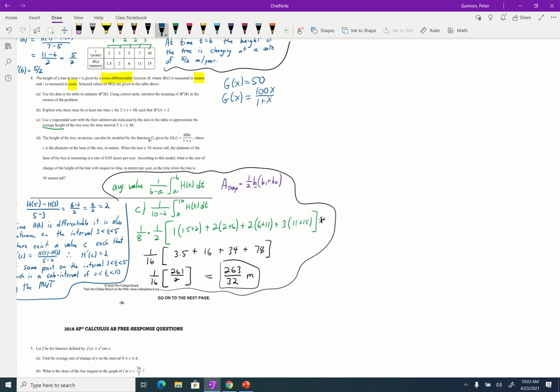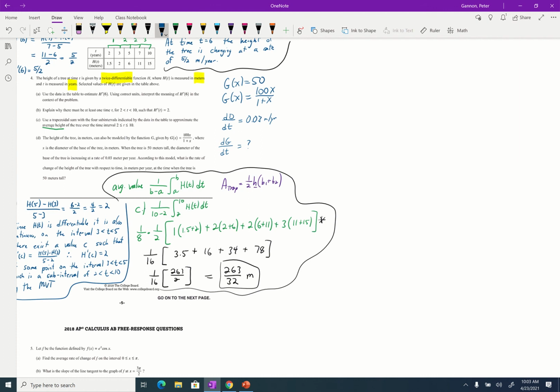We know when the tree is 50 meters tall, the diameter, all right, so the change of diameter with respect to time is 0.03 meters per year. And we want to know the rate of change of height. So the rate of change of height is essentially going to be dg dt, because g of t represents the height of the tree.